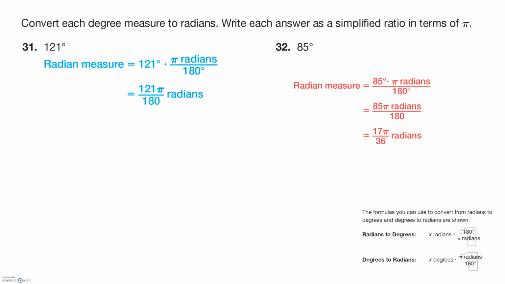So in this case, 85 over 180 have common factors, okay? I will start with the one that makes the most sense to me. I will say 85 divided by 5, okay? 5 seems a common factor between 85 and 180 because one of them ends with a 5 and the other with a 0.